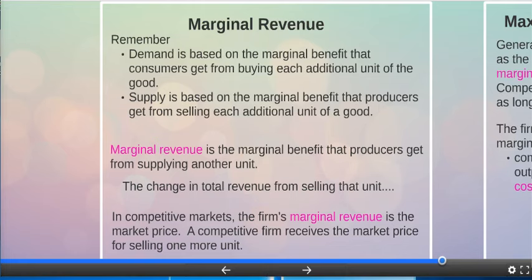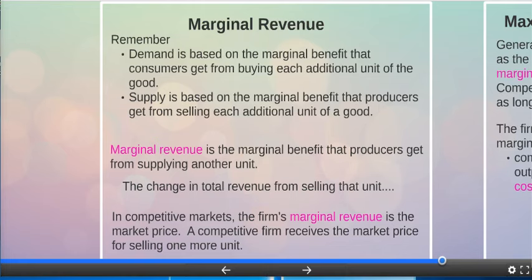Demand is based on the benefit that we get with each additional piece of pizza. Likewise, supply is based on the marginal benefit that producers get from selling each additional unit of a good. The marginal benefit that producers get from supplying another unit is called the marginal revenue they receive.